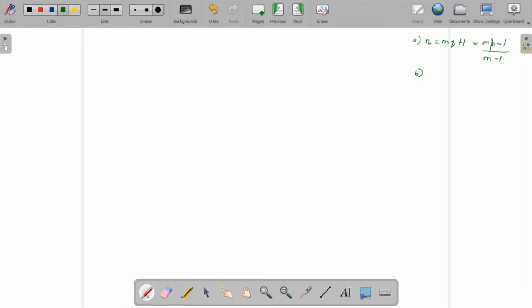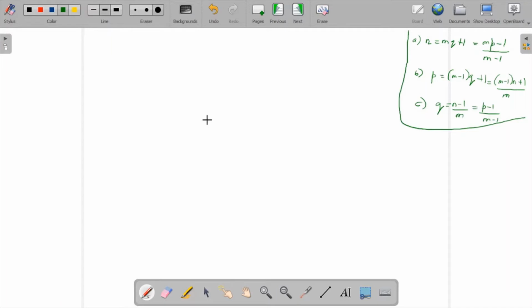And b: p is equal to (m minus 1) into q plus 1, that is equal to ((m minus 1) into n plus 1) divided by m. And c: q is equal to (n minus 1) divided by m, that is equal to (p minus 1) divided by (m minus 1). So this is what we are supposed to prove.